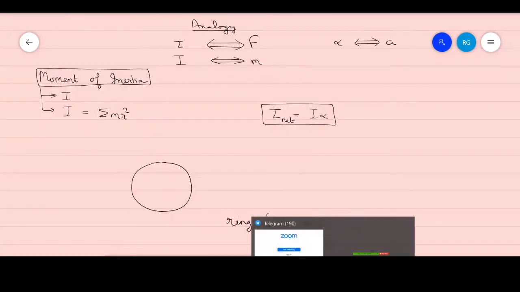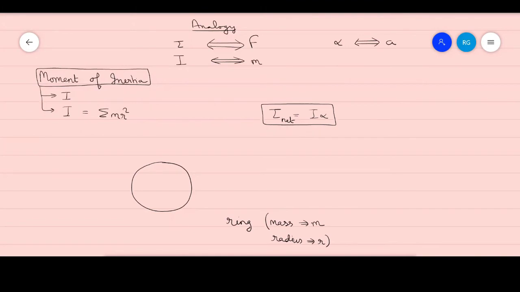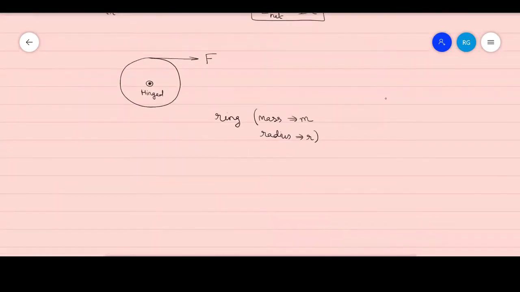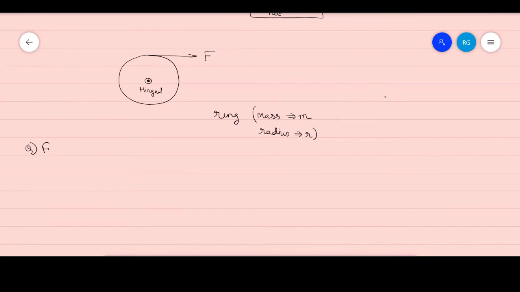Now, if a force F acts at this point of the ring and it is hinged at this point, the question here is to find out the angular acceleration of the ring.